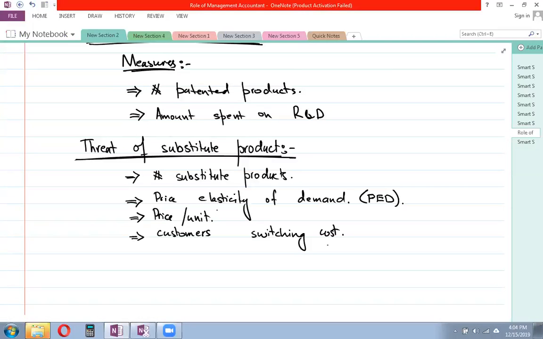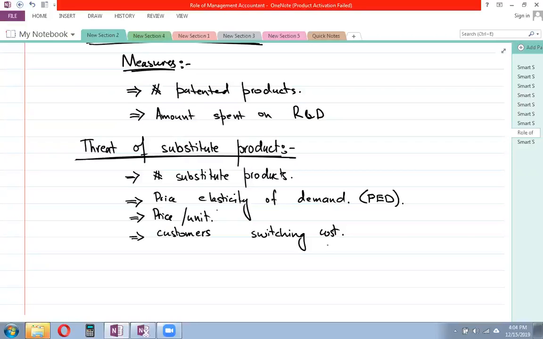Now, if your customer does not like your printer, the customer still won't leave you. Why? Because he has to buy cartridges, and if he is not going to buy the same cartridges, then he has to buy another printer and spend a lot of money. So the customer switching cost will be very high, and that's why the customer won't leave you for a substitute product.